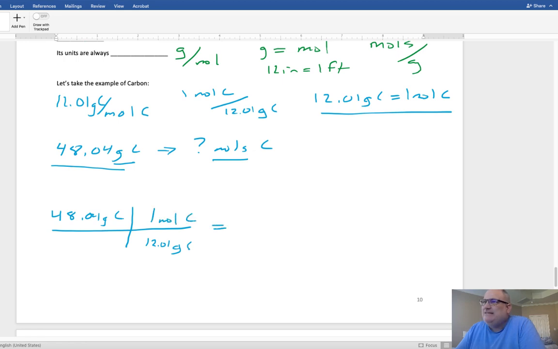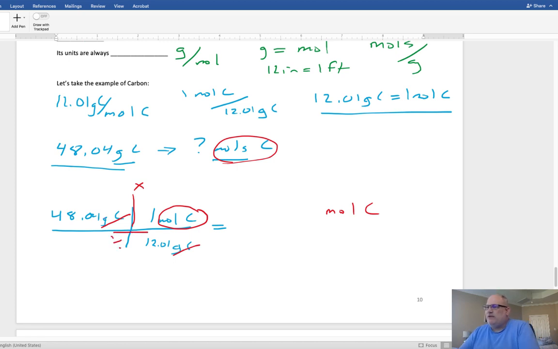Now, I did this specifically because I wanted these units to be able to cancel out. So grams, see here how they cancel out? And you see how the unit I'm left with is moles, which is the unit we were looking to solve for. So over here, I'm going to write moles of carbon. If I then do the math, remember that any line like this means multiply, and any line like this means divided by.